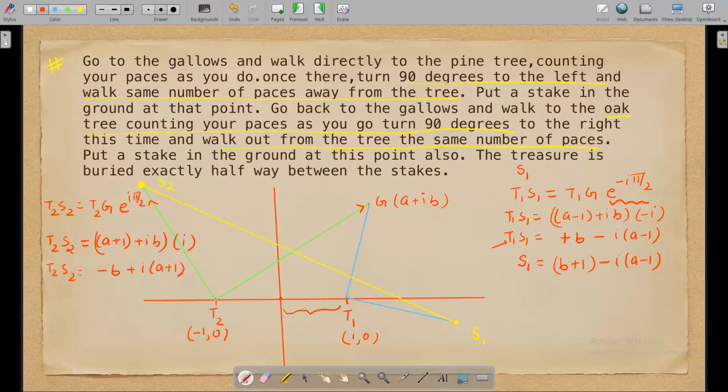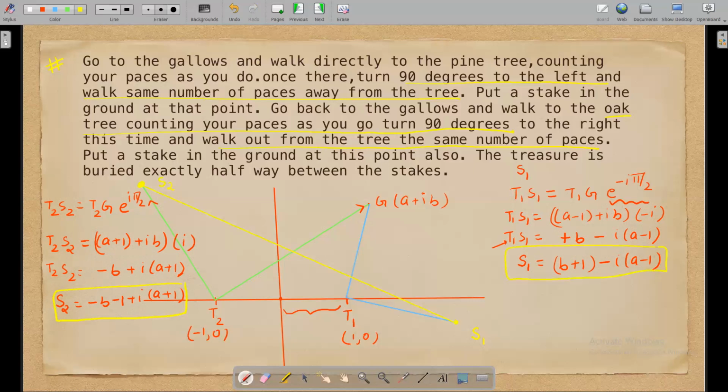But this is the T2S2 vector. So let's find out S2. S2 becomes minus b minus 1 plus iota (a plus 1). So now we have the position vector, or the complex number, corresponding to the two stakes S1 and S2.